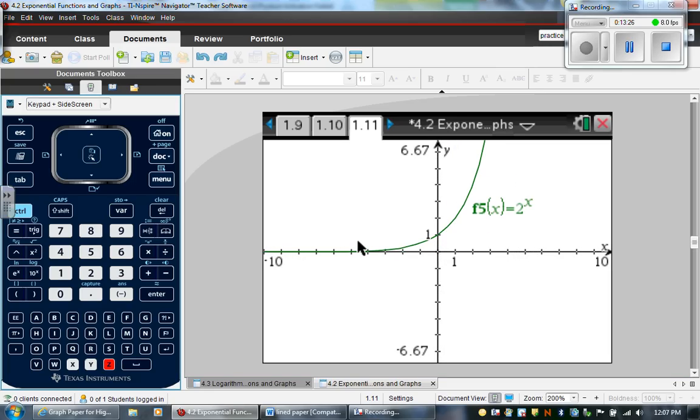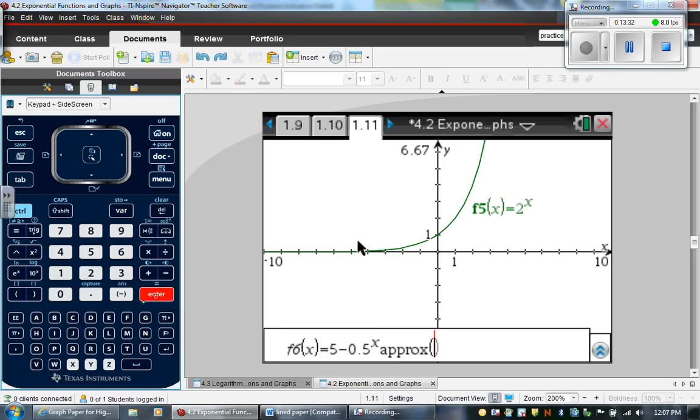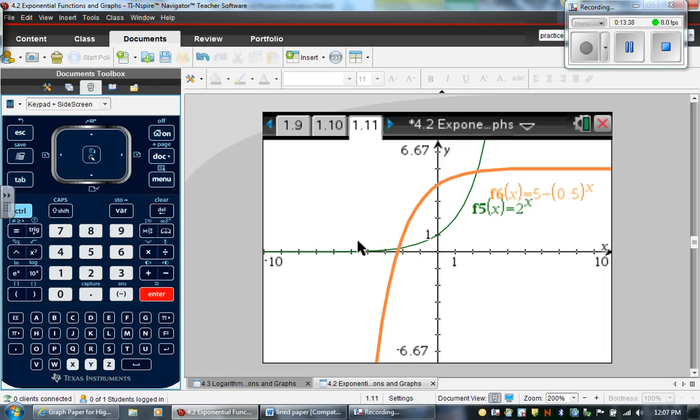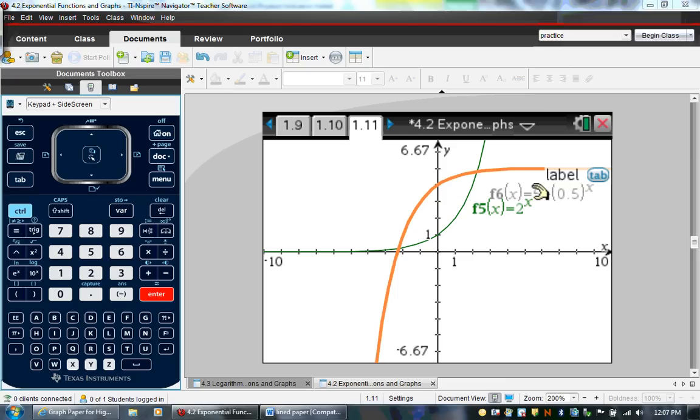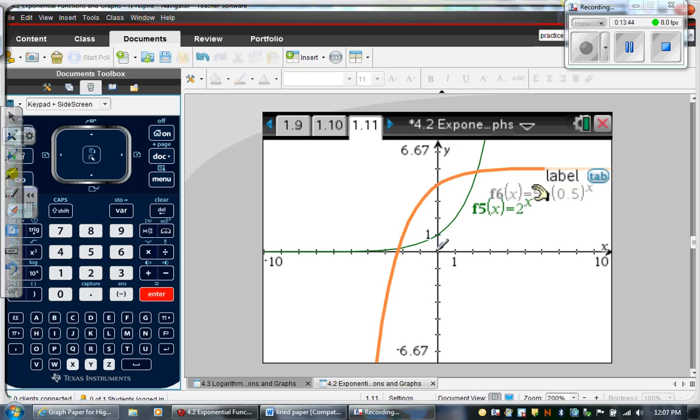And we're going to be translated as well. Okay, so I have shifted up 5 units. That's where that 5 is coming from. And I have reflected over my x, and I'm now going in the opposite direction.